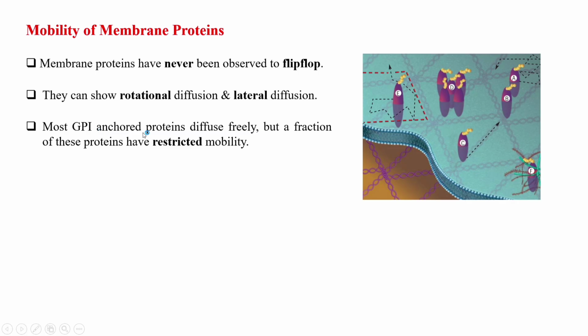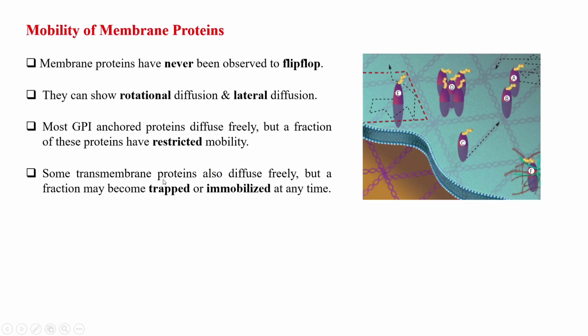GPI anchored proteins fall under the lipid anchored proteins because phosphatidylinositol, a phosphoglyceride, is present in this protein molecule, so the proteins are attached with this phosphoglyceride. Most GPI anchored proteins diffuse freely, but a fraction of these proteins have restricted mobility. So diffusion does not occur all the time; there are restrictions in their mobility.